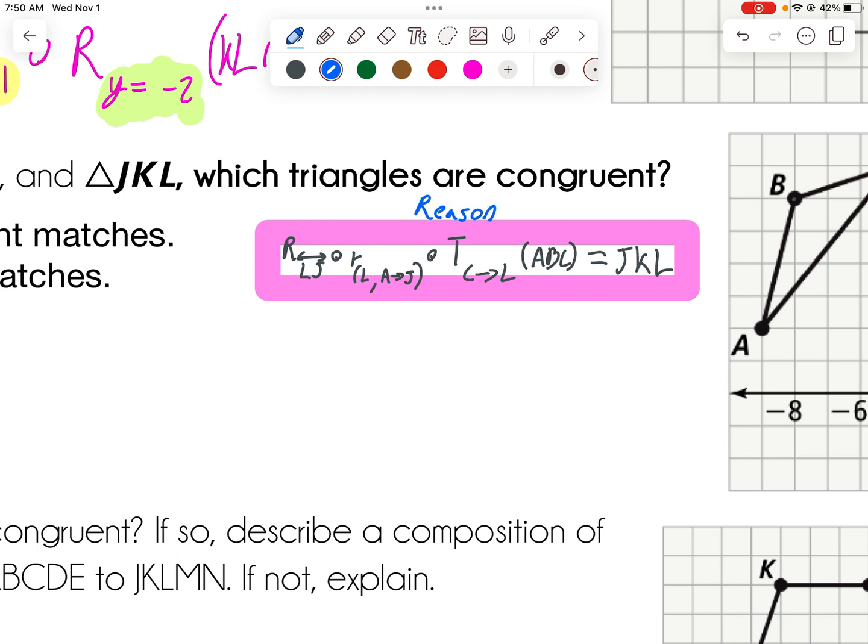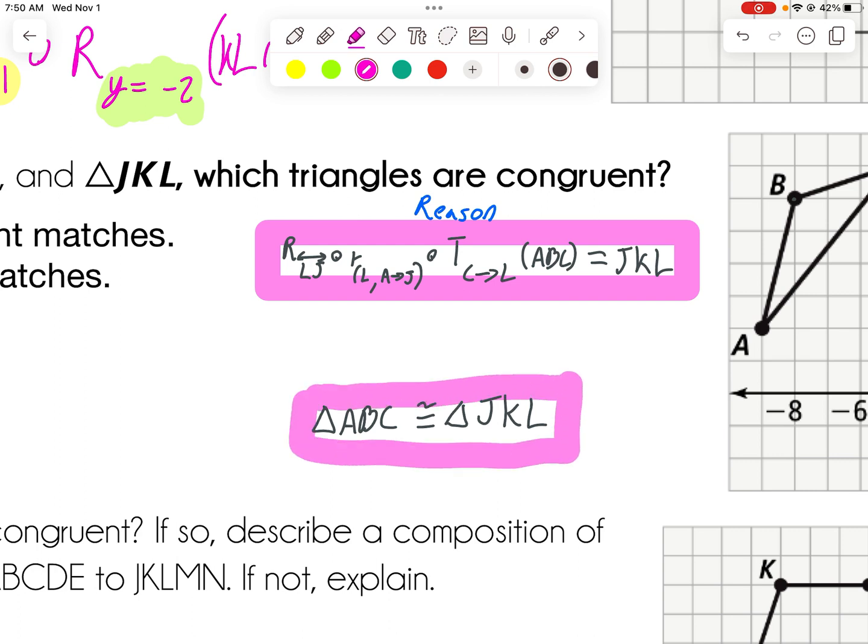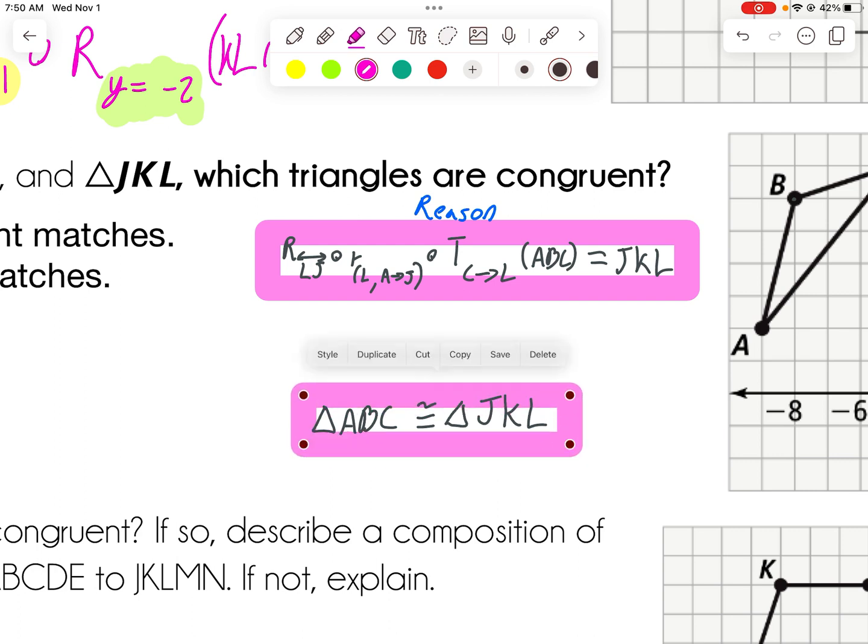Because we have a reason, we also need our statement, and our statement is just that the triangles are congruent. So I'd write it like this: triangle ABC is congruent to triangle JKL. Okay, those 2 triangles are congruent. And so this is our actual statement. As we've been going through, one of the big things we focused on is statements and reasons.